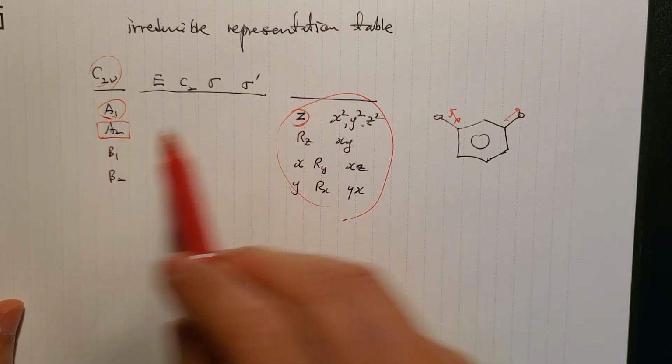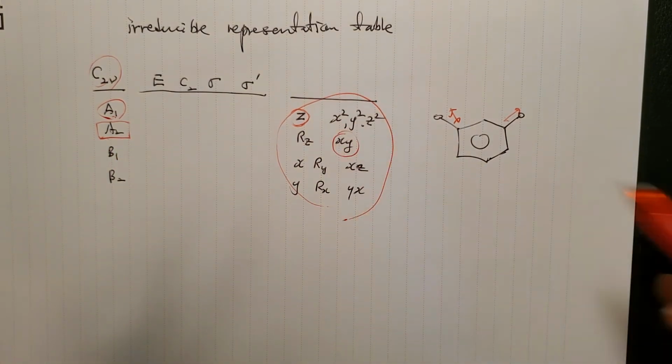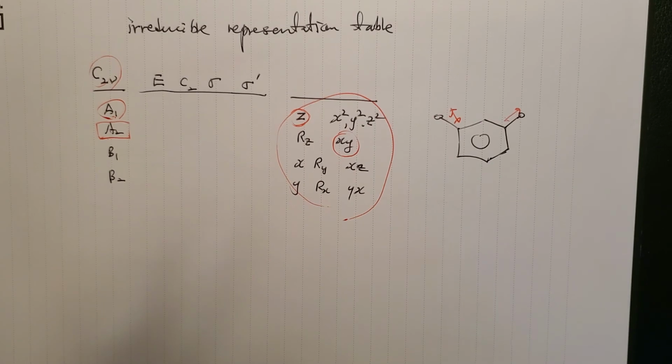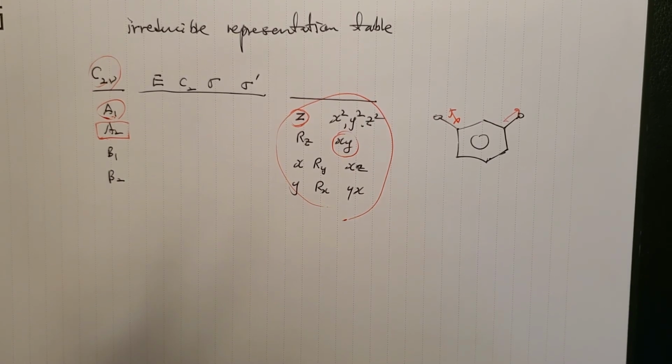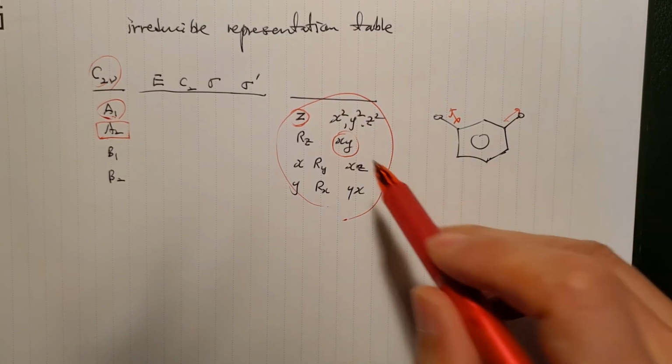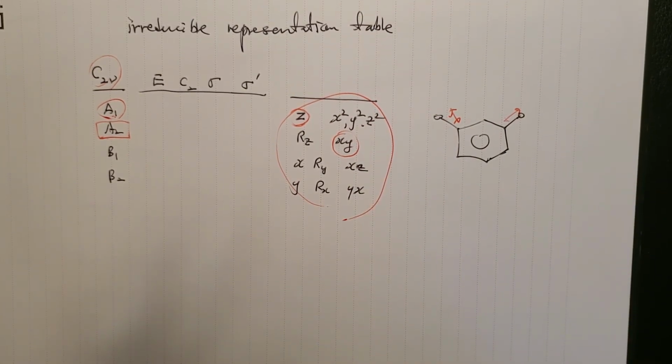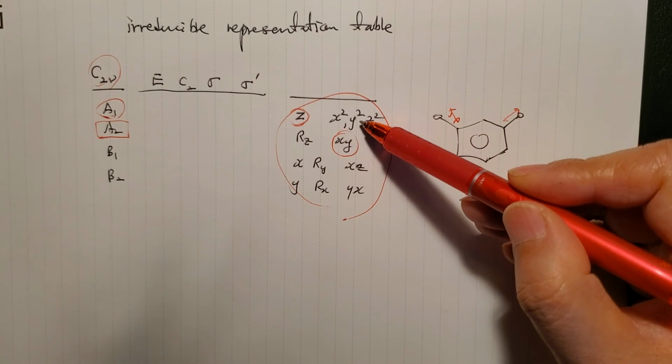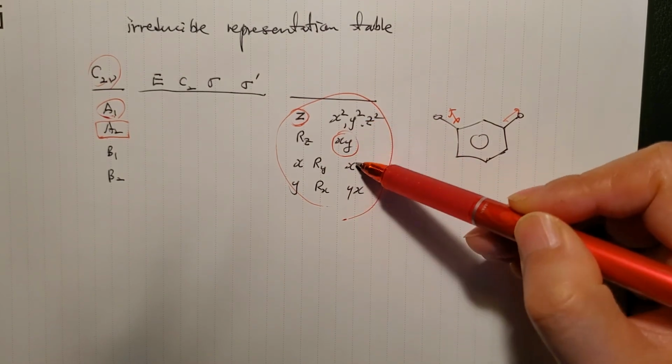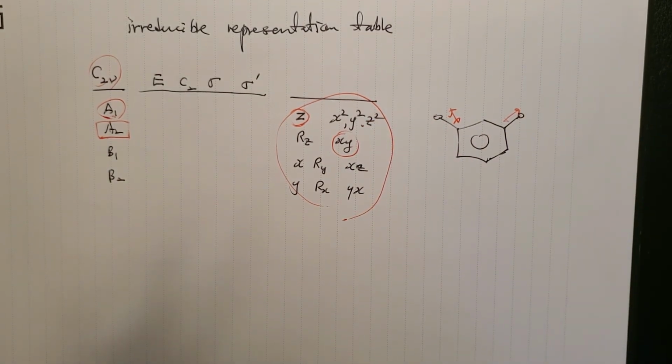However, that motion happened to be x times y. If you multiply x times y, you get an area. So it will now be Raman active. So as you can see, all of these have the area concept, right?